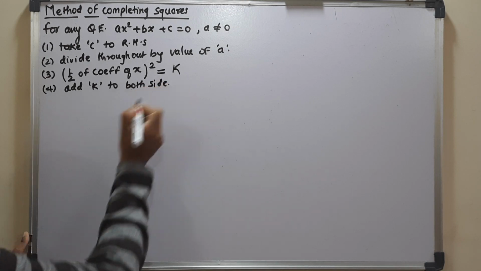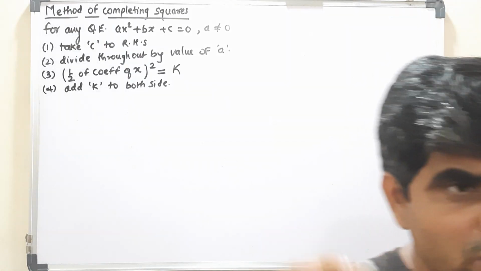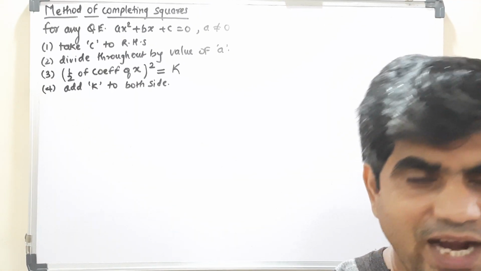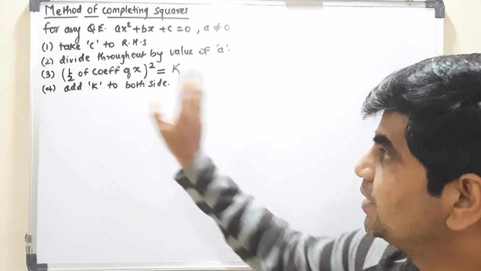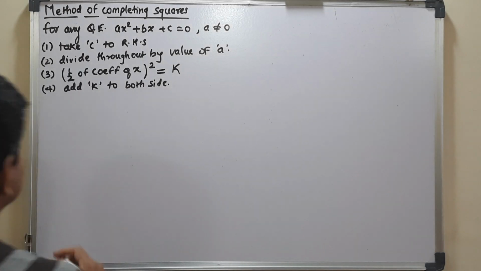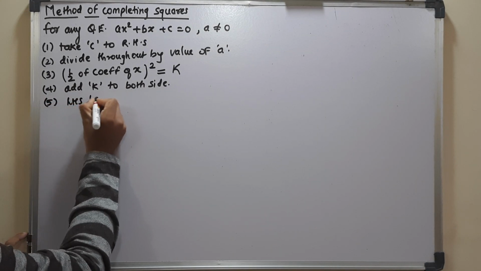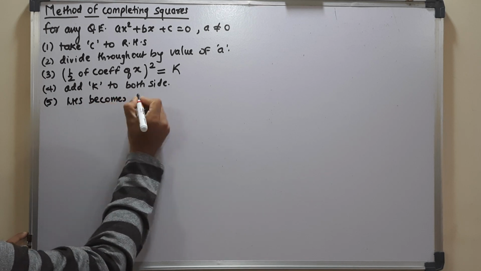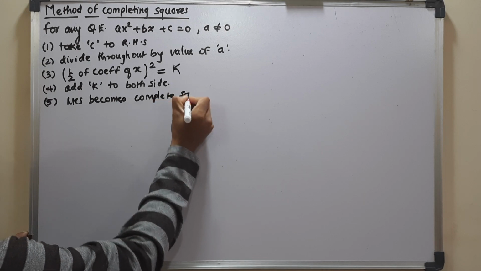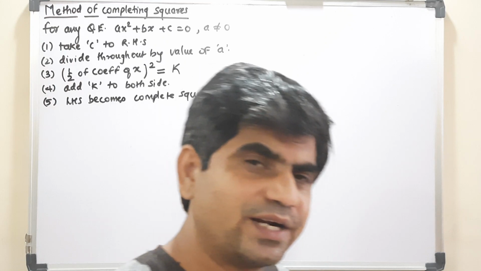What is k? k is half of the coefficient of x, that is, whatever is the coefficient of x, half of it and square it. You add k on both sides. Once you add k on both sides, the left hand side, that is LHS, becomes a complete or perfect square.